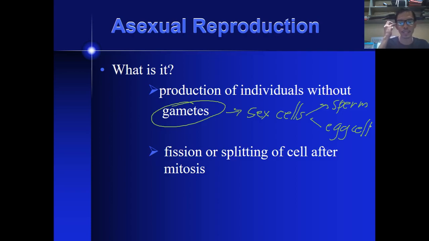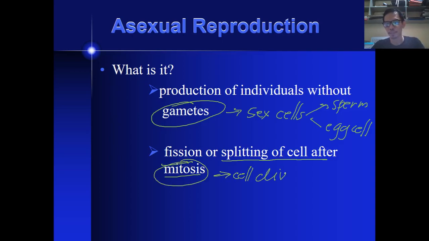Now, in asexual reproduction, gametes are not needed in order for an organism to reproduce. Most of the organisms here reproduce by fission, or splitting of the cell, after mitosis. As you recall from your 8th grade science, mitosis is a type of cell division in which the parent cell produces a daughter cell which has an exact number of chromosomes.